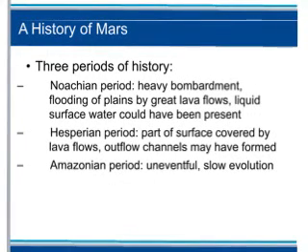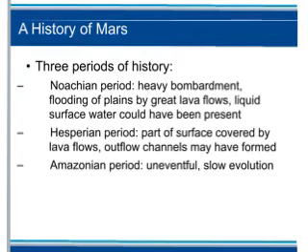So Mars has 3 periods of development. The Noachian period was the heavy bombardment area or period of planet formation. And so during that period for Mars, the plains were flooded by lava flows, and liquid surface water could have been present at the time, and created those channels that we just saw in the other pictures.